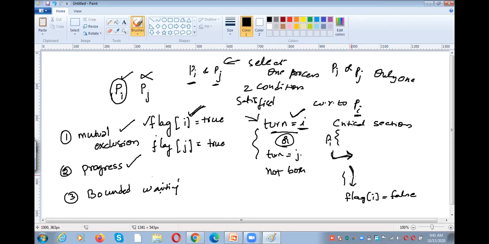And whenever it is leaving the critical section, immediately flag I is set to false. So immediately I should not enter into the critical section again. So whose turn is next? Whenever process I enters the critical section, automatically the turn will be changed to J.